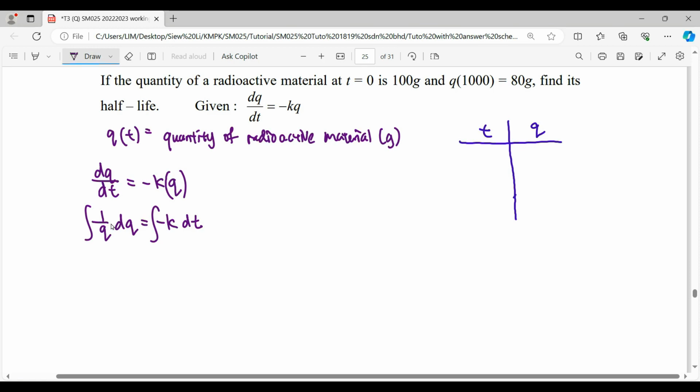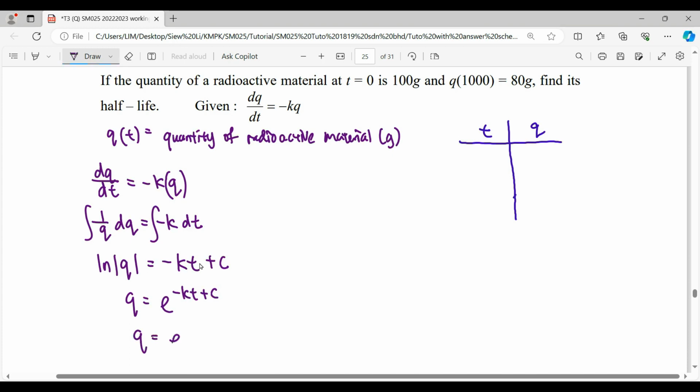So integrating 1 over Q will give us ln Q. Integrating with respect to t, it becomes kt plus C. To find our general solution, we need to find Q in terms of t. So we take the exponential of both sides: the base e is moved to the opposite side, and everything on the right hand side becomes the power.